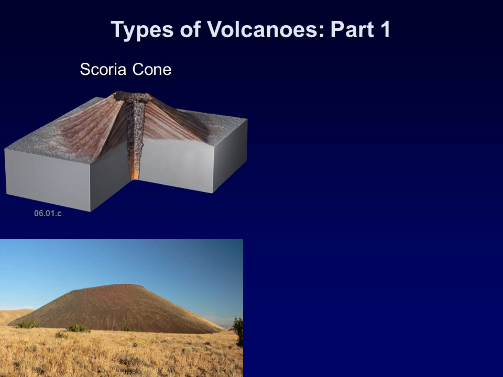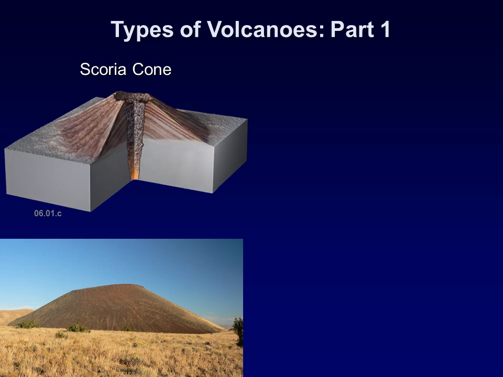Types of volcanoes. There are many types of volcanoes, and we are going to familiarize ourselves with just a handful of them. Okay, the first one we're going to look at is called a scoria cone. It is also called a cinder cone. It is usually basaltic, meaning a very mafic rock.